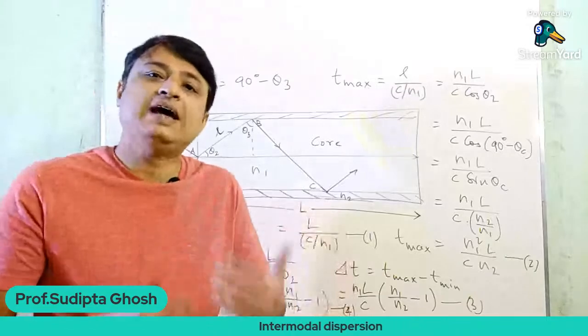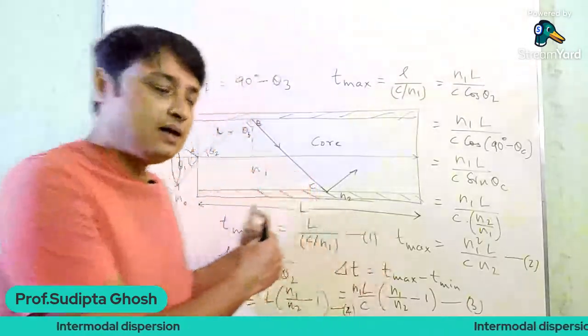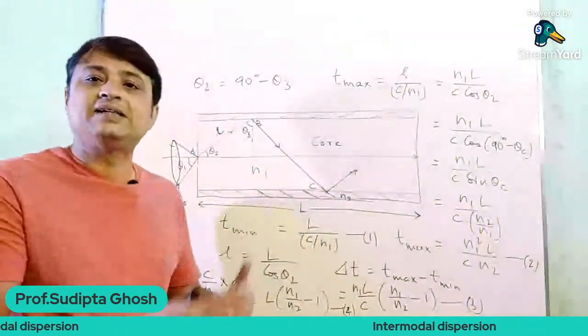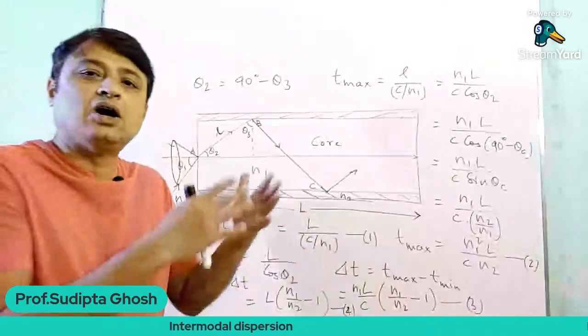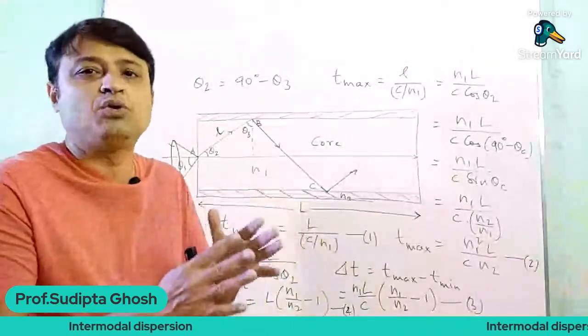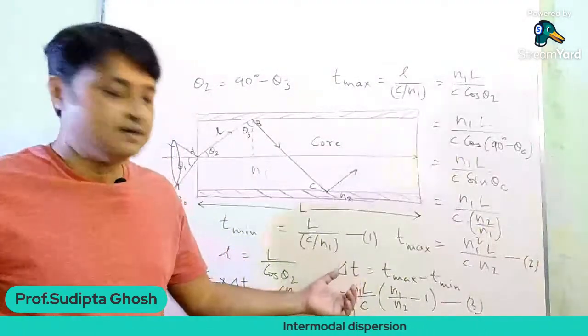Every time intermodal dispersion occurs, the pulses get broadened.